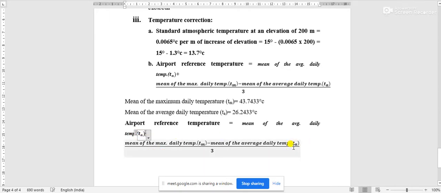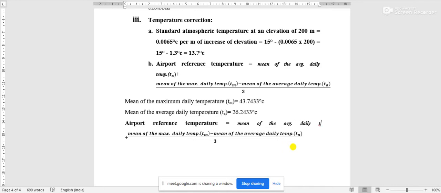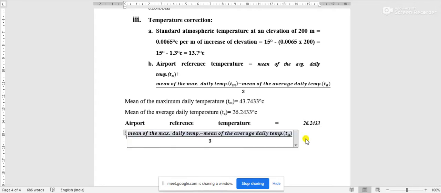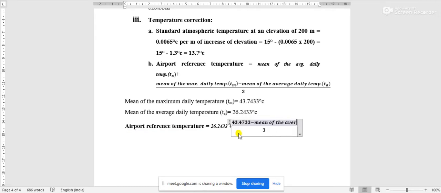Now I'll put the values in the equation, that is 26.2433 plus, in place of mean of maximum daily temperature, 43.7433, minus mean of average daily temperature, that is equal to 26.2433.